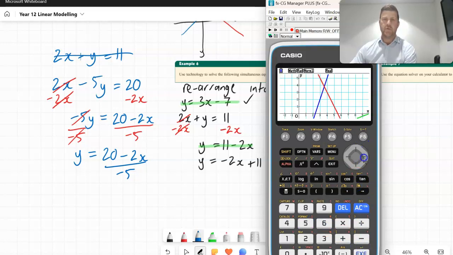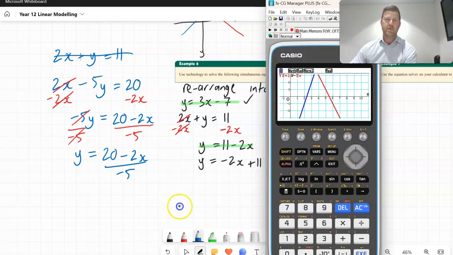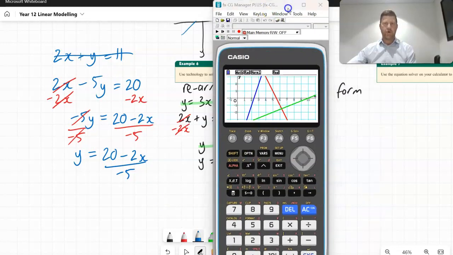Feel free to simplify if you want to, but I think just understanding how to rearrange it so that y is by itself on one side of the equation is probably all you need. That's a little bit more complicated in terms of rearranging. You will probably come across one of those, so just understand the process.